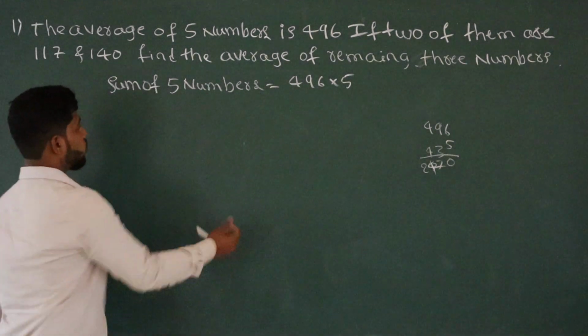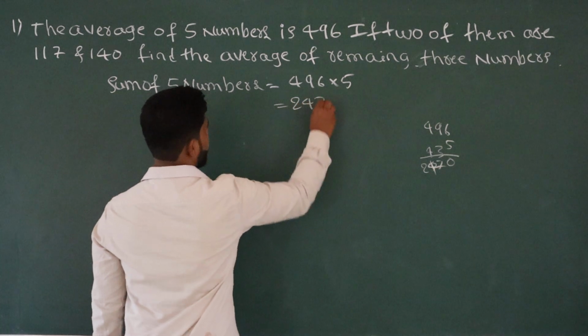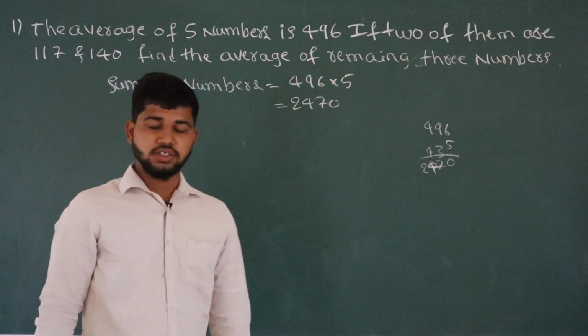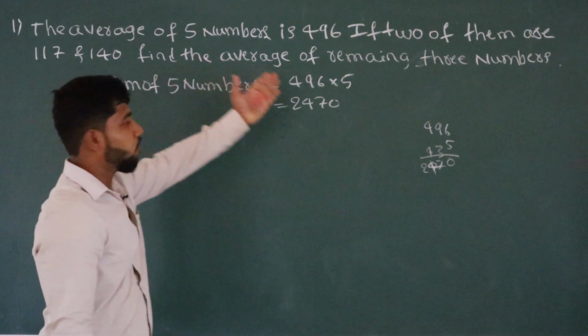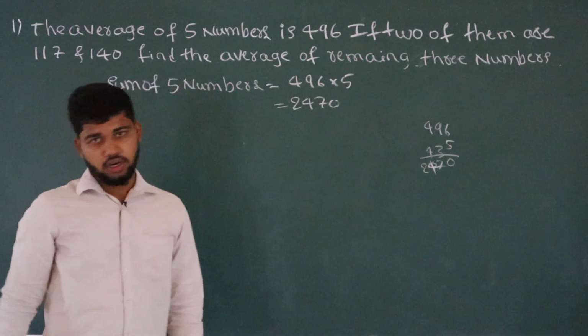So we got the sum of the 5 numbers. If you multiply 5 into 496, you will get 2470.